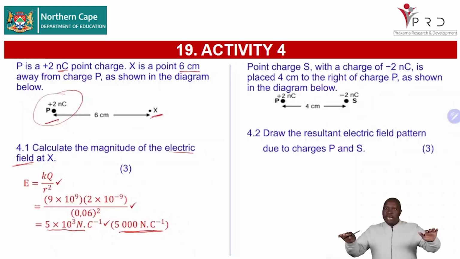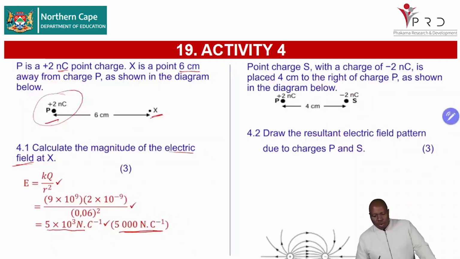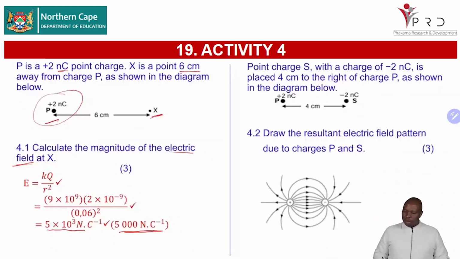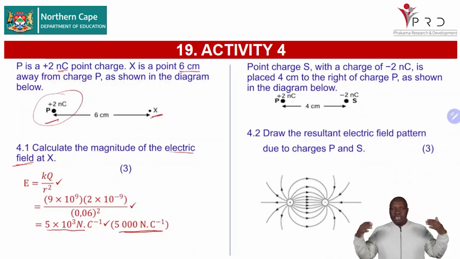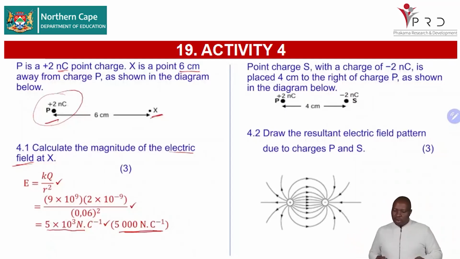You can see now they are horizontal. So you're able to draw, and you know how we draw them. You have a positive, and from positive, the arrows will be away. And these lines must not touch, they must not cross. And it's always towards negative, because we thought of a test charge that will always be attracted to the negative, and always be repelled by the positive.